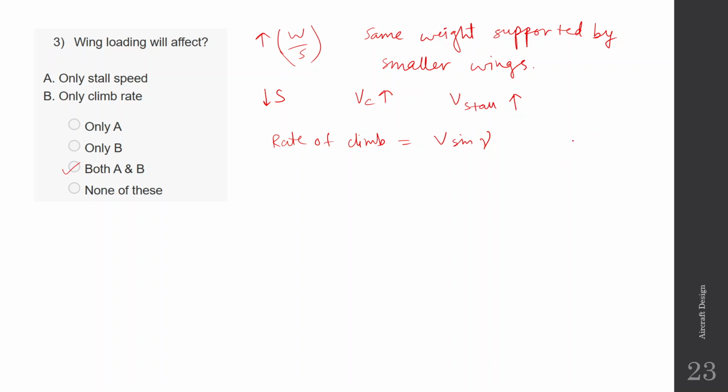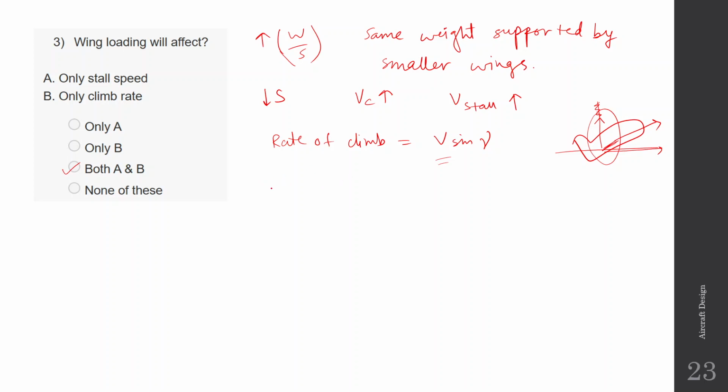If your aircraft is going up like this, and we divide it into components, this is your horizontal component, this is your vertical component. Then this vertical component is your rate of climb. So your rate of climb depends on what velocity you are going. And when your v cruise increases, all the other velocities also increase. So ultimately your rate of climb will also be affected.